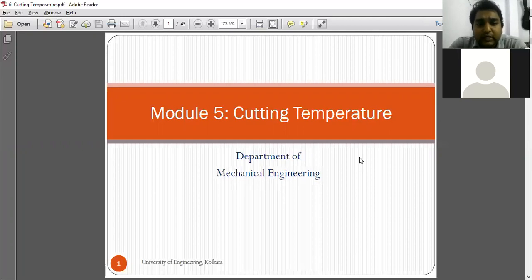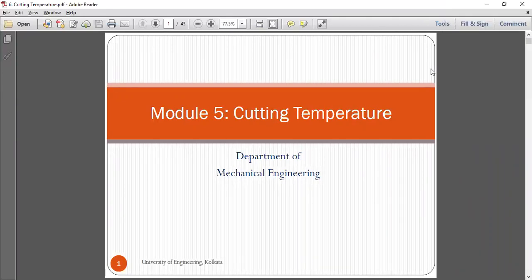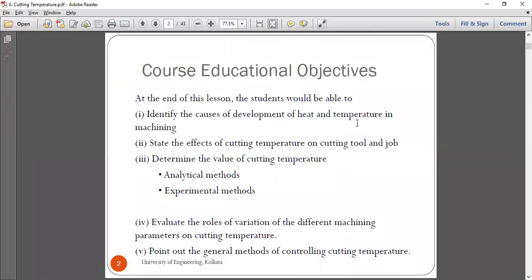So the cutting temperature is the temperature which is generated during the machining process. Now if we look into the details of why cutting temperature is necessary for us to understand, or why this temperature is generated: normally we know that machining takes place due to the interaction between the tool and the workpiece, and some of the material is removed due to plastic deformation and shear, and some friction also comes into play.